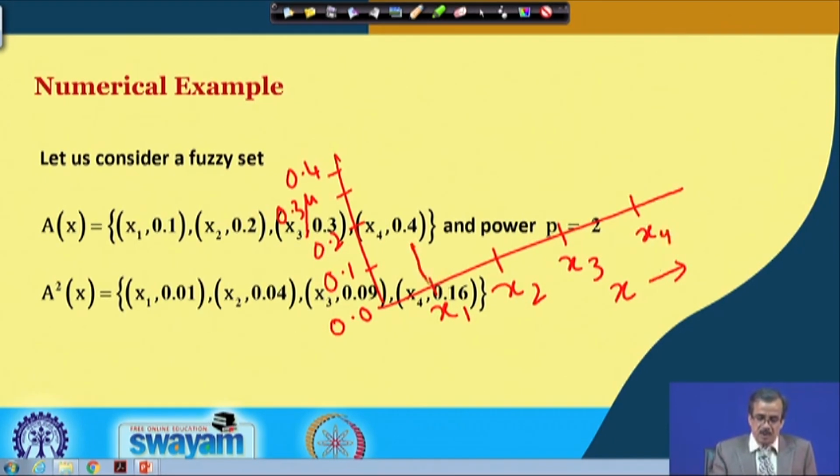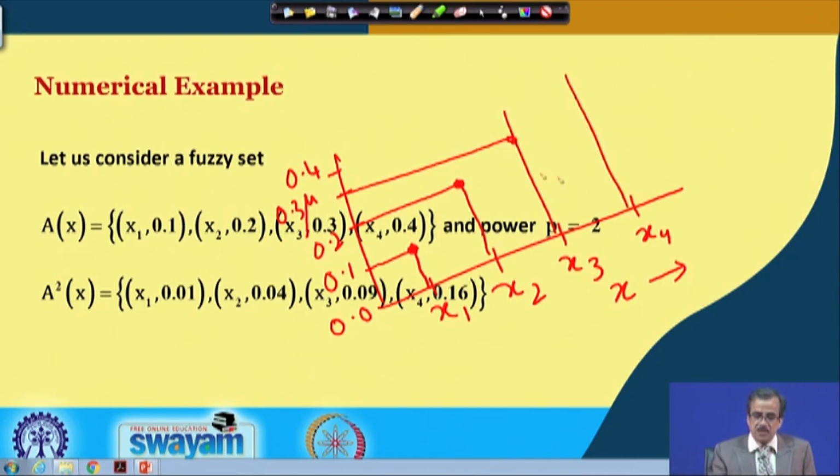Corresponding to x1 I have got 0.1, corresponding to x2 I have got 0.2, corresponding to x3 say 0.3, and corresponding to x4 say 0.4. So, this is actually the fuzzy set A(x).